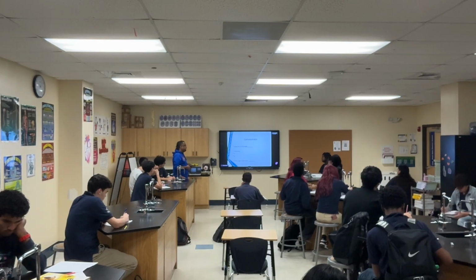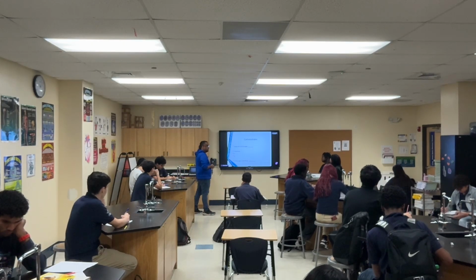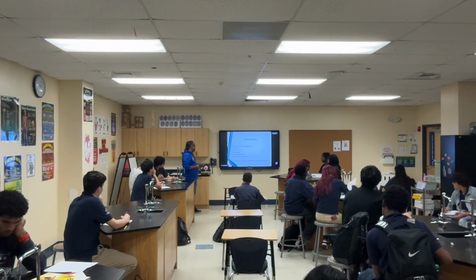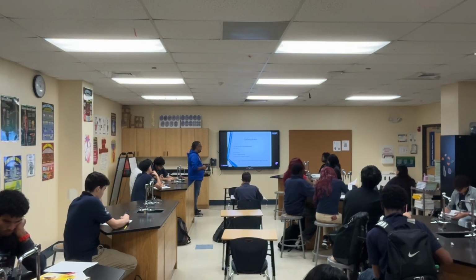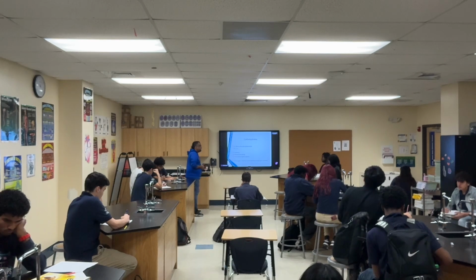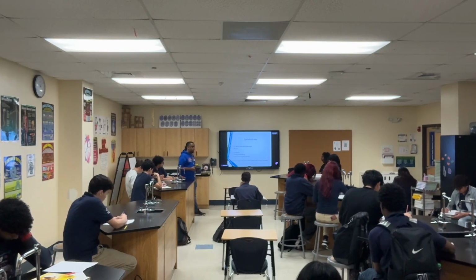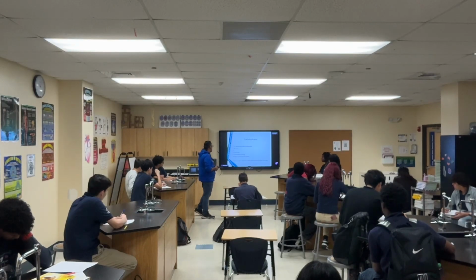So for carbohydrates, we have a ratio that the carbons bond to hydrogen and oxygen, and this ratio is 1 to 2 to 1. The functions of carbohydrates are for energy and for structural support. So we see this a lot in plants.